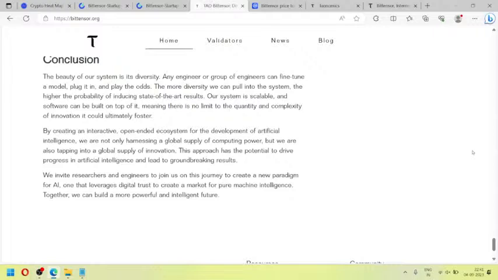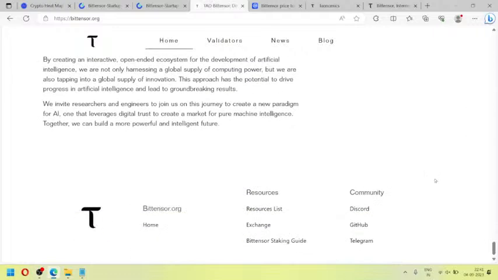This approach has the potential to drive progress in artificial intelligence and lead to groundbreaking results. We invite researchers and engineers to join us on this journey to create a new paradigm for AI, one that leverages digital trust to create a market for pure machine intelligence. Together we can build a more powerful intelligent future.